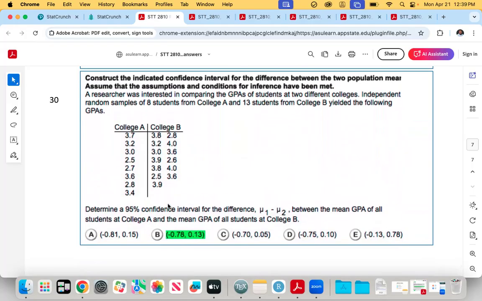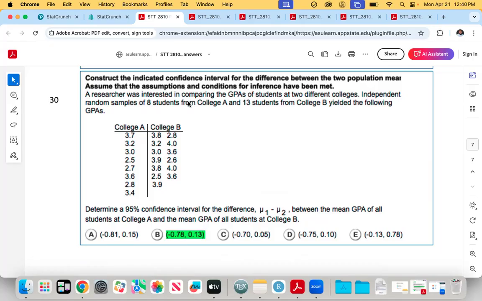So for 30, we want to construct the confidence interval for the difference between two proportions. We talked about this in the last chapter. And so here we are told that we are going to look at the GPAs of students at two different colleges. And then we are told that they are independent.